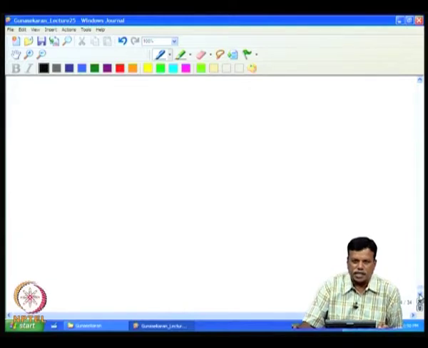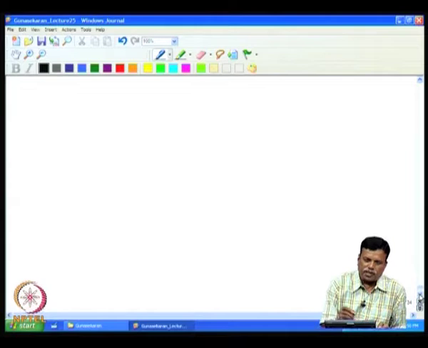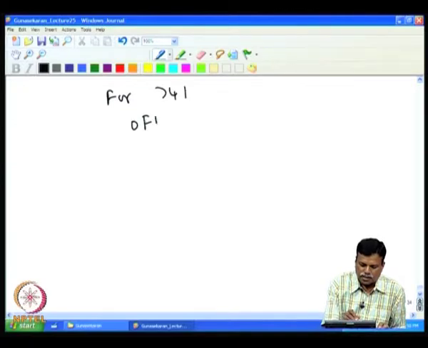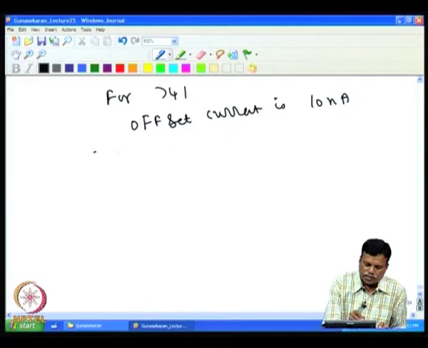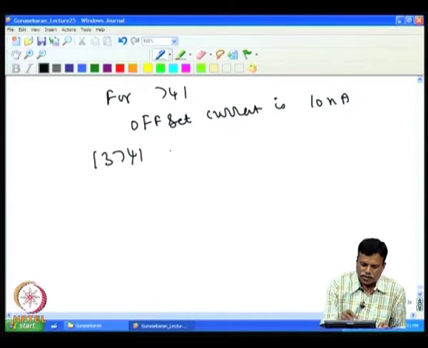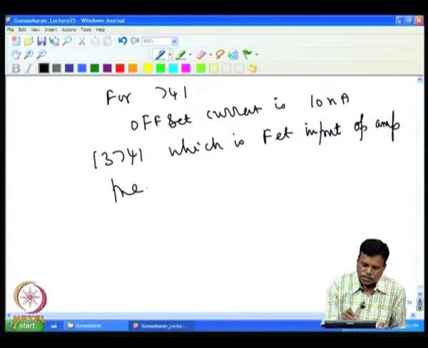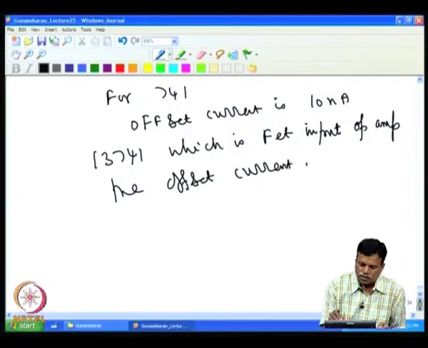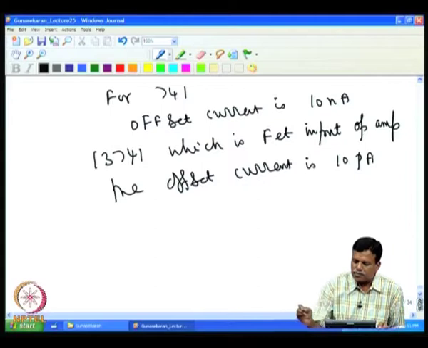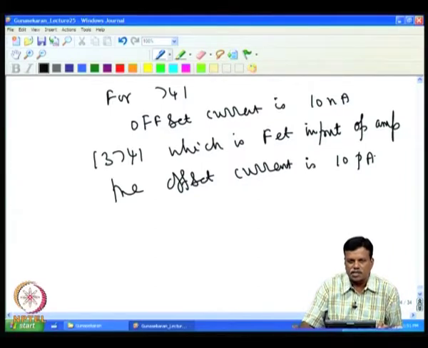error due to the offset current. For example, if you compare 741, the offset current is 10 nanoamperes. Now, a FET version is available for 741, a FET input op amp, where the offset current is 10 picoamps. That is about 3 orders of magnitude less, a factor of 1000 less.